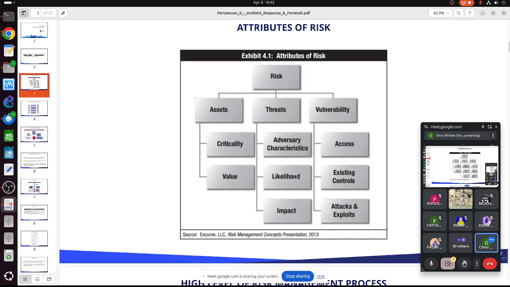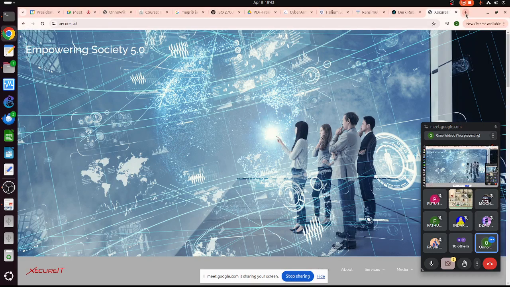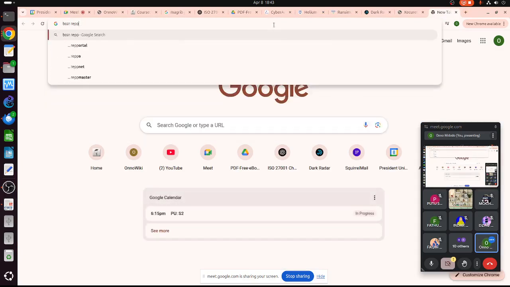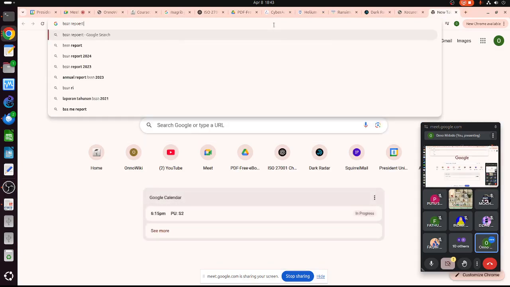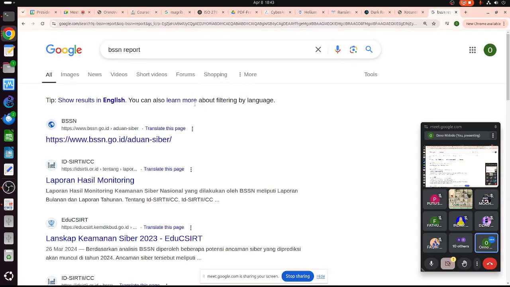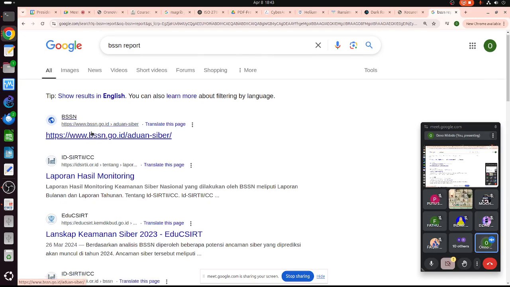Okay, now the likelihood of the attack. To be honest, you can read this. The likelihood, we can read this from the BSSN report. BSSN is the national body for cybersecurity, Indonesian cybersecurity.